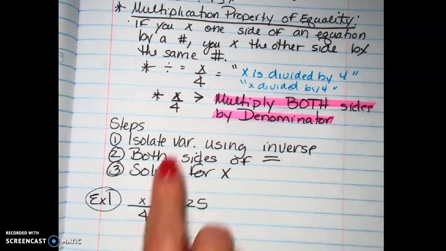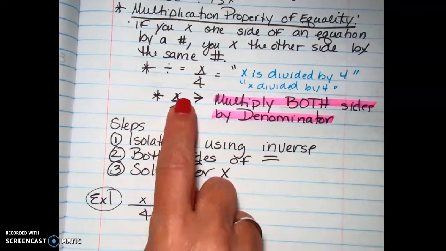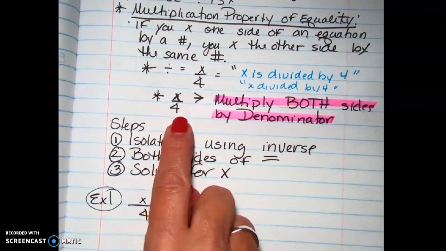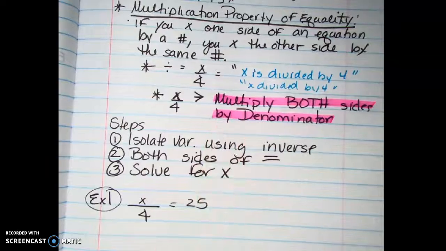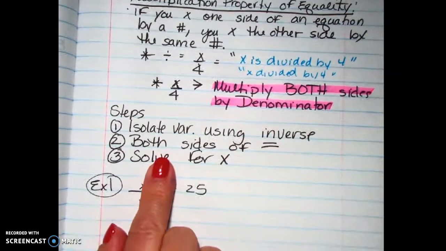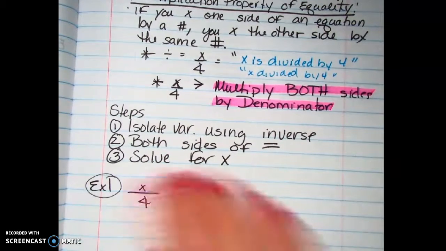So my denominator is 4, which means I'm dividing by 4, so that means I'd have to multiply by 4.